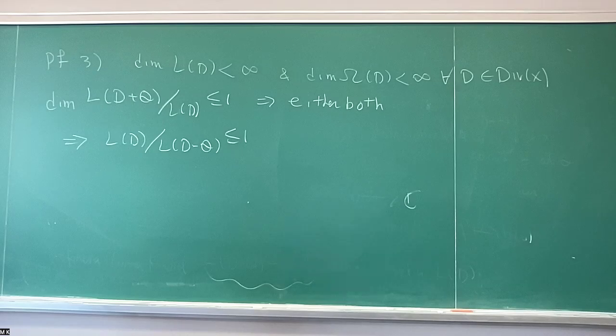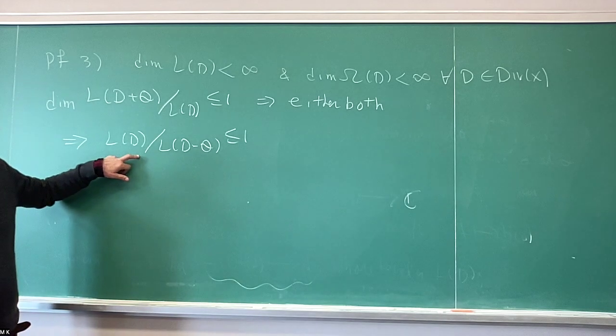Just let's look at L of D minus Q for now, less than or equal to 1. Okay. Are you okay with this? Do you know why this is true? No, I don't know it's true. Anyone knows why this is true? This is a statement I wrote.